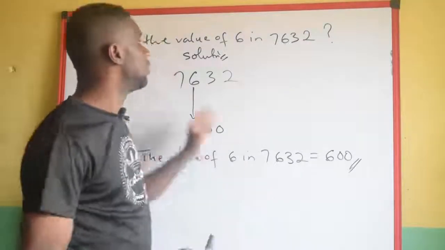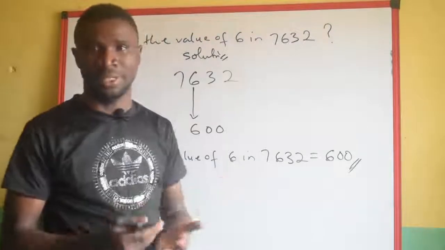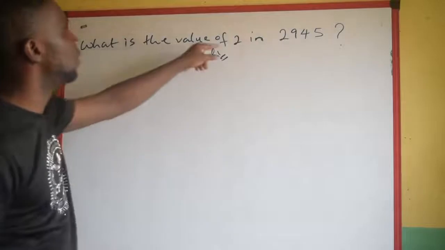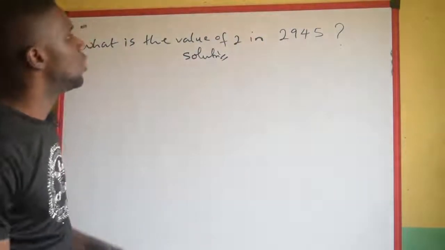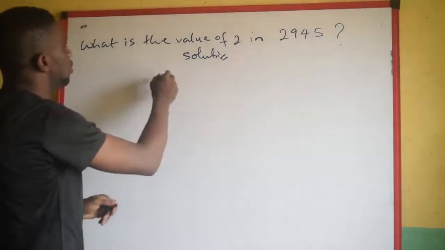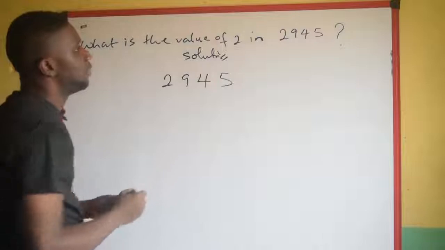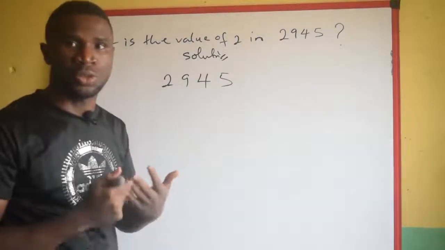So your interest is to first of all identify the position of the number you are asked to get the value of. The next question says, what is the value of 2 in 2945? Write down solution, bring down the question, 2945, and indicate the position of 2.